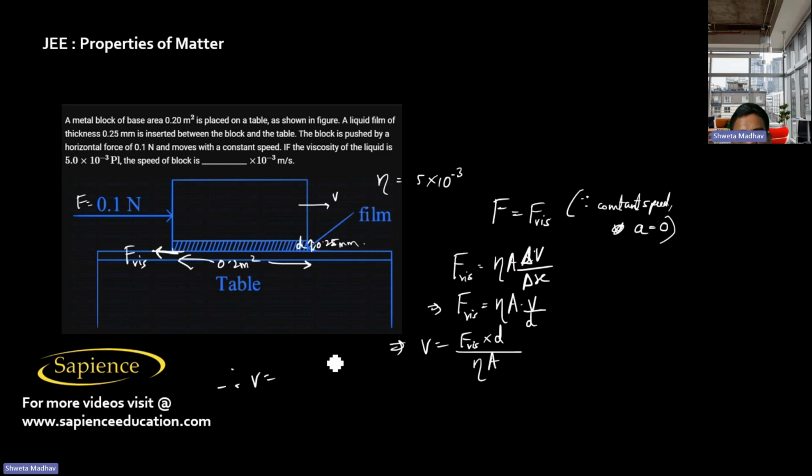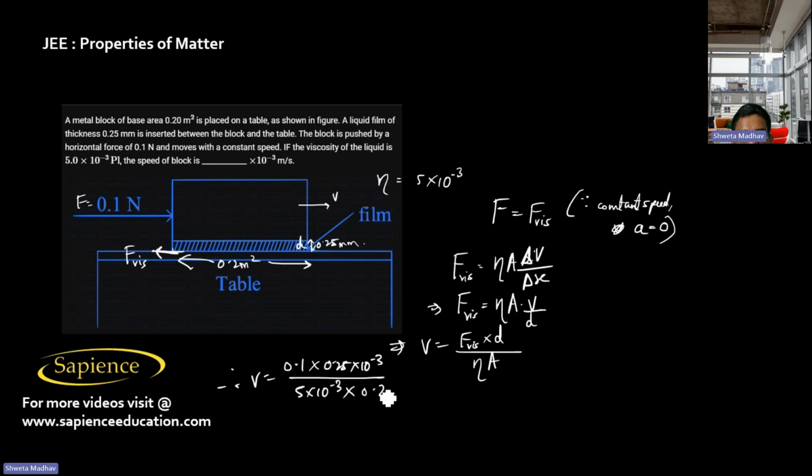Therefore the speed is the viscous force, that is 0.1 Newton, into D, the thickness, which is 0.25 into 10 power minus 3, divided by eta, that is 5 into 10 power minus 3, and into A which is 0.2 meter square.